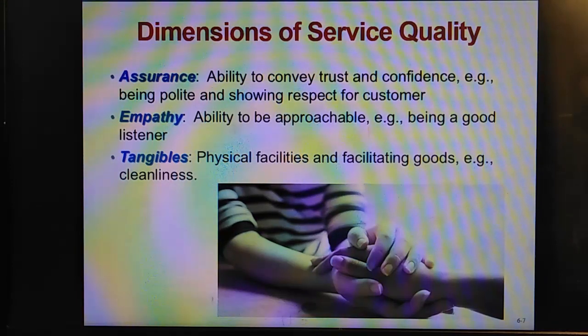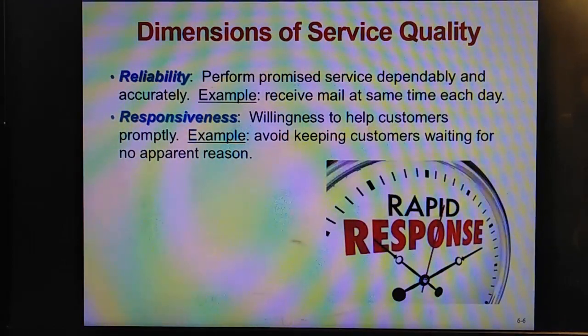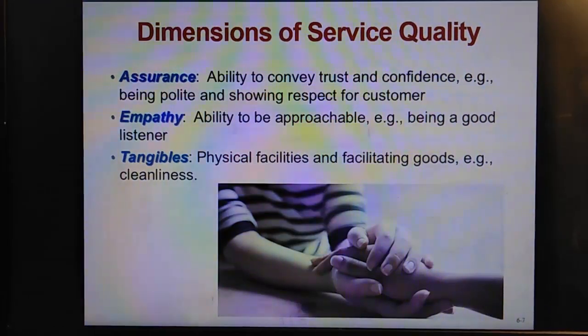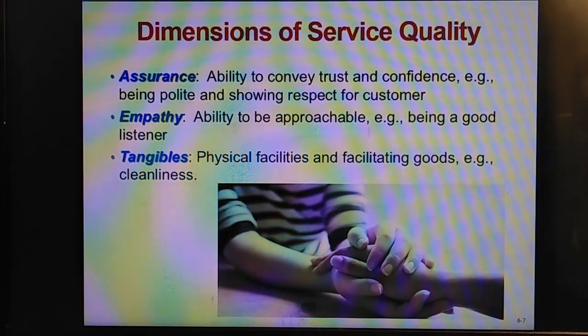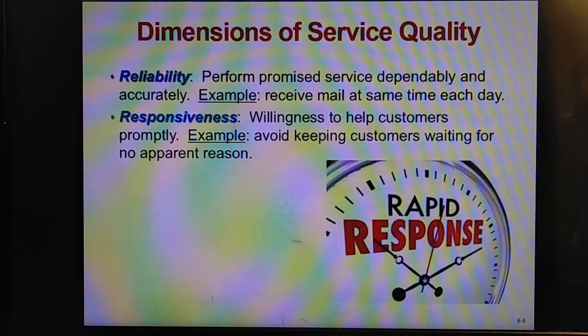So that is what we call the observable features of the service provider's facility, which is called tangible. So for all these 5 elements, in order to remember them easily, I keep them as an acronym, RATER. RATER means reliability, assurance, tangible, empathy, and responsiveness.